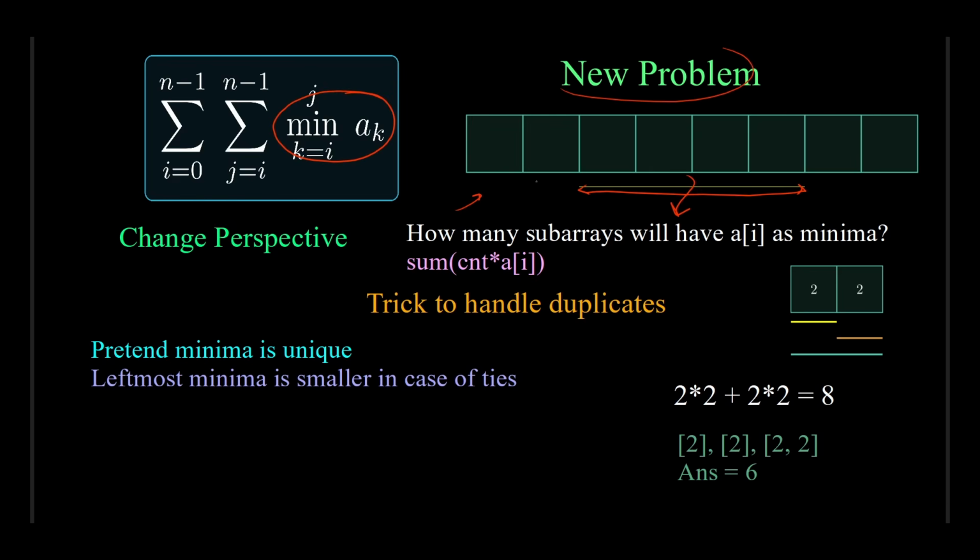That is, for every subarray, you write down the minimum value, and then you add them all up and print the result. So you have to find the range minima of all subarrays.